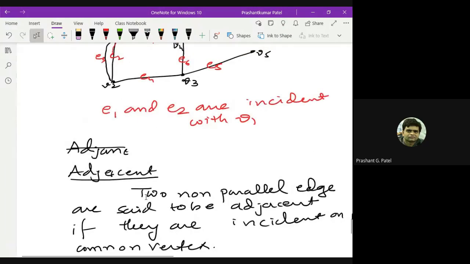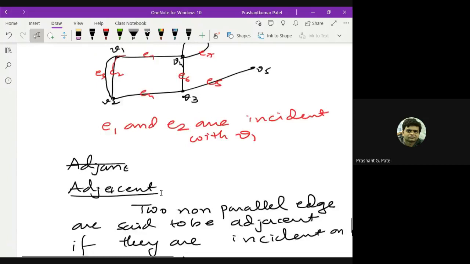So this is about the edges, incident edges.